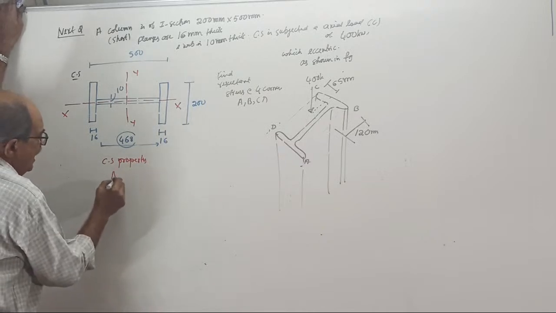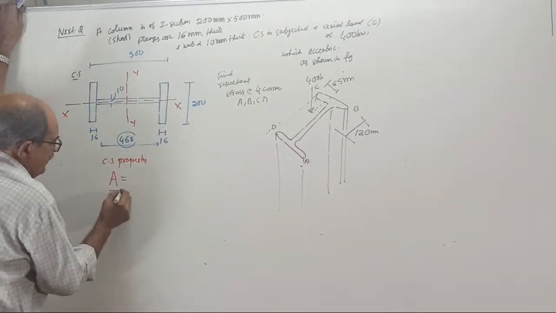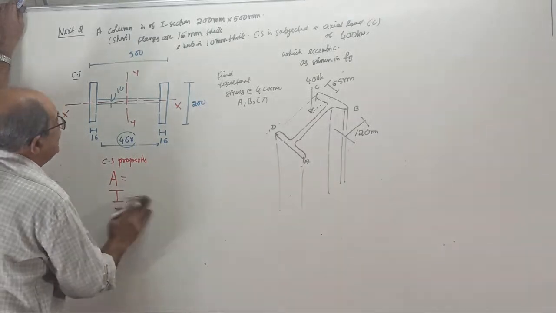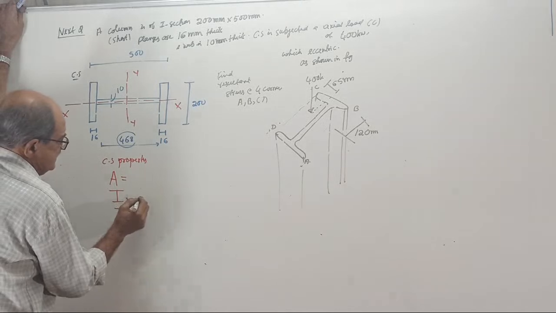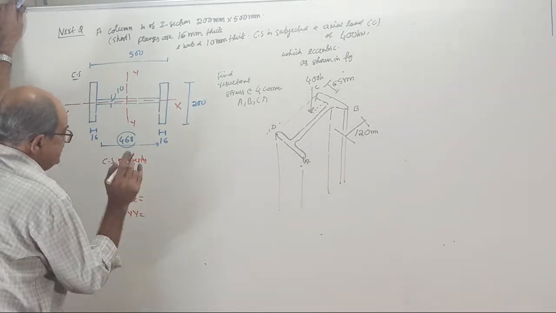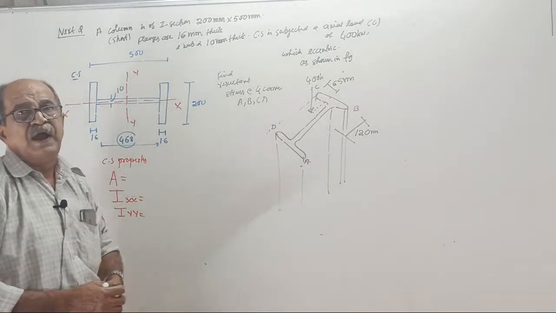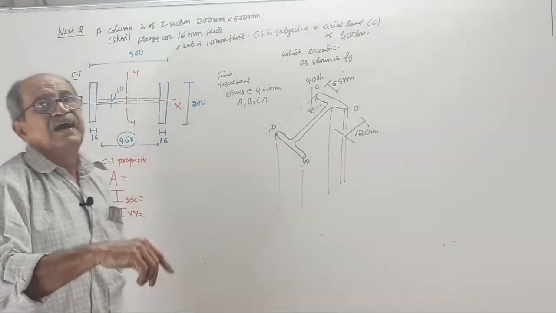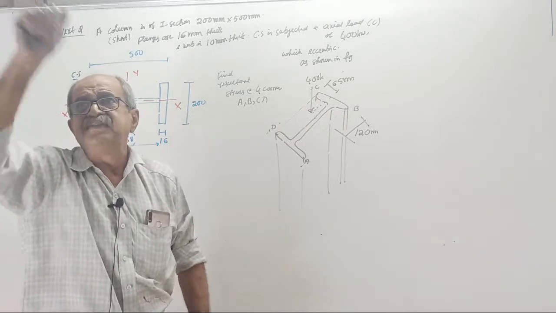I want the area of the section, moment of inertia about the x-x axis, and I about the y-y axis. Remember, when you find moment of inertia I-y-y, you should do it like I-x-x, as I explained for the I section.